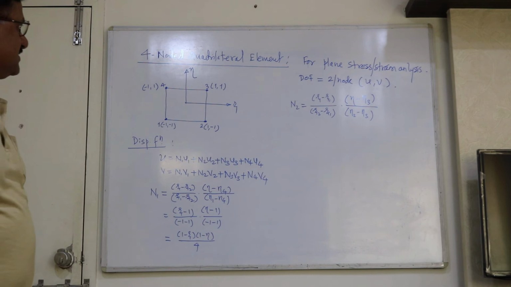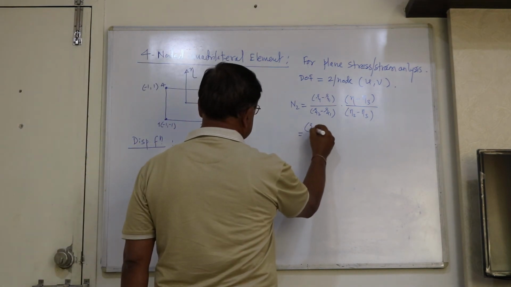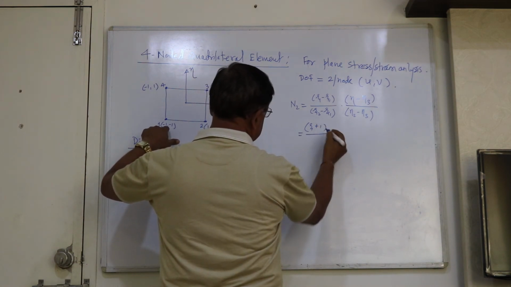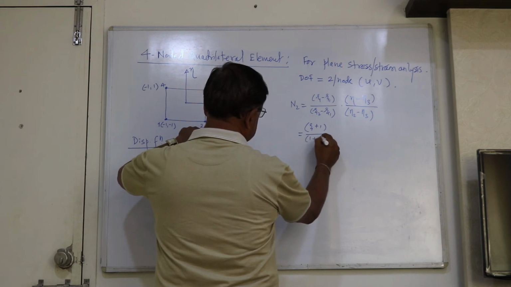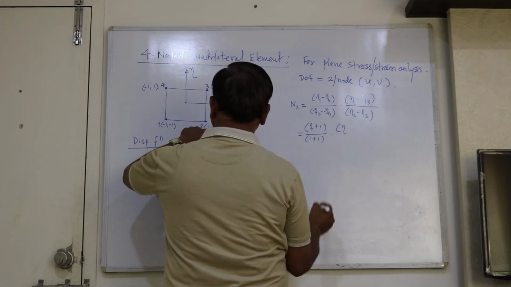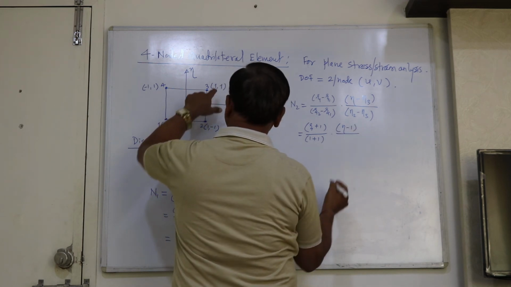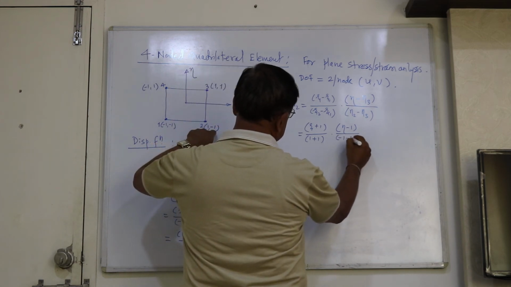So the shape function N2 is given by xi minus xi1, that is xi plus 1, divided by xi2 is 1, again plus 1, and eta minus 1 divided by minus 1 minus 1.